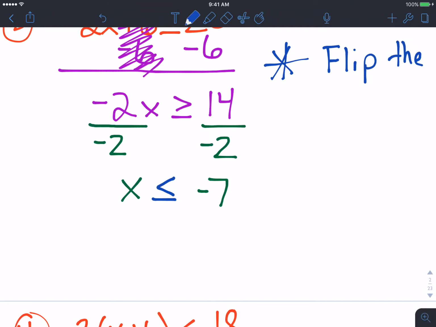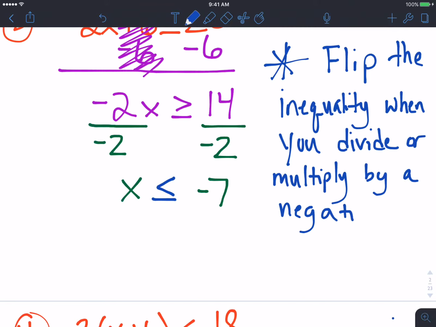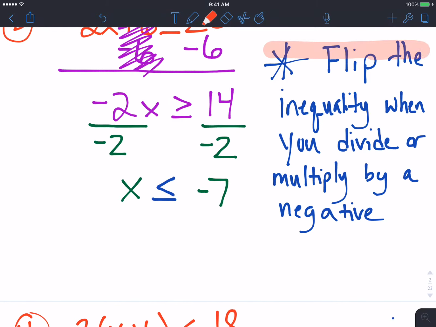You flip the inequality sign when you divide or multiply by a negative. This should be written down in your notebooks. This is extremely important.